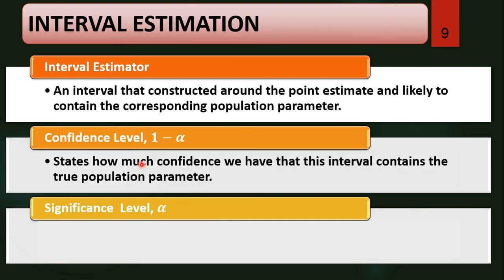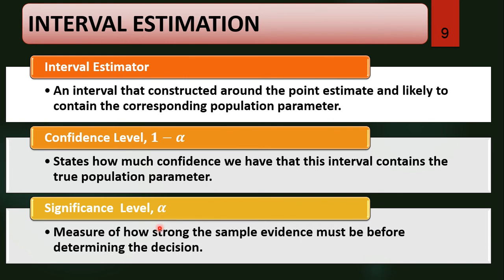So the confidence level states how much confidence we have that this interval contains the true population parameter. The complement of the confidence level is the significance level, which is alpha. Alpha is a measure of how strong the sample evidence must be before making the decision.